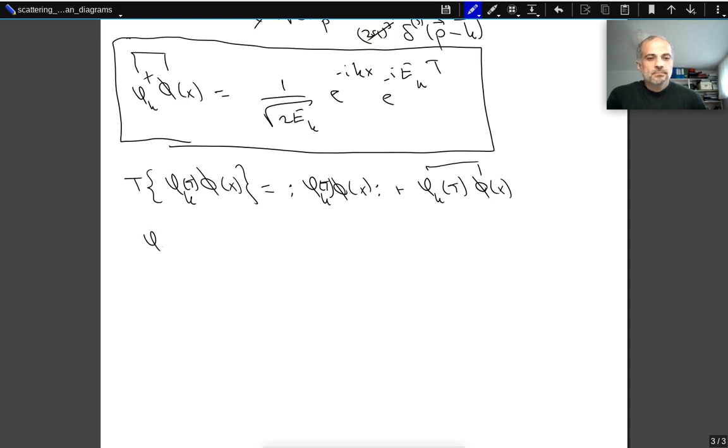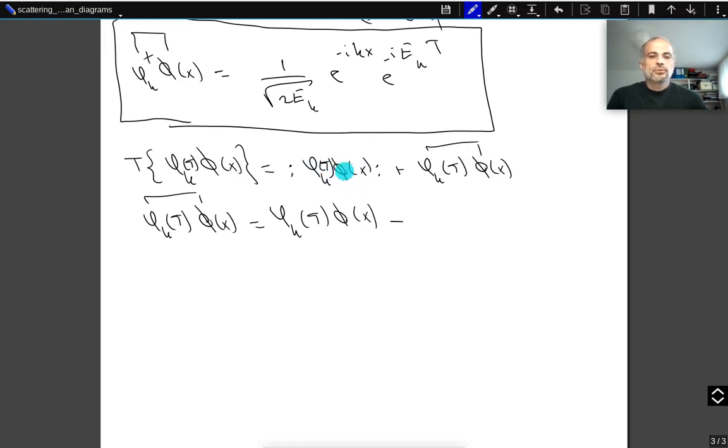So their contraction of phi k of T and phi of x will be equal to the time ordered product. But remember, this operator acts after all the other operators. So this time ordered product is just phi k of T, phi of x, minus this normal ordered product.